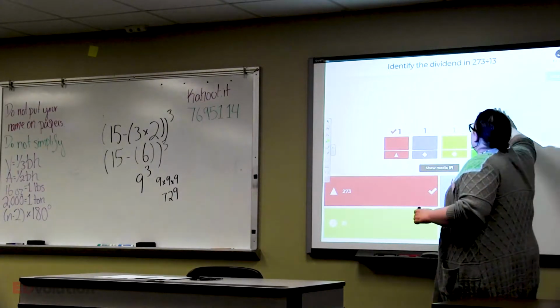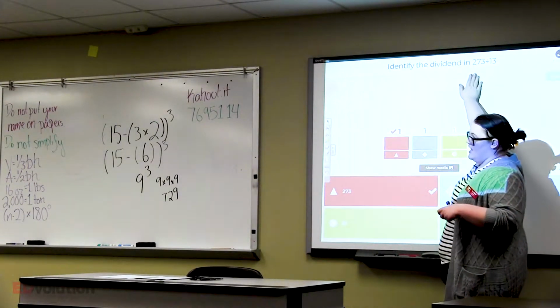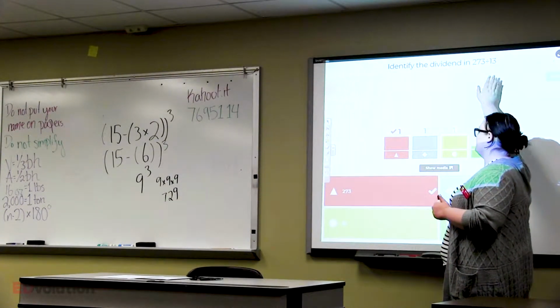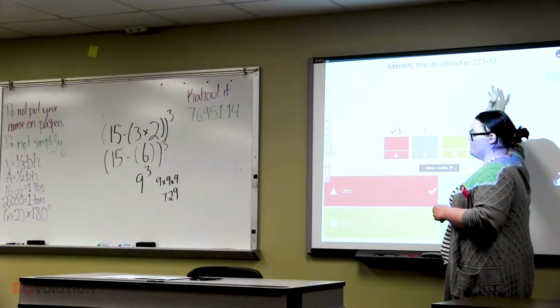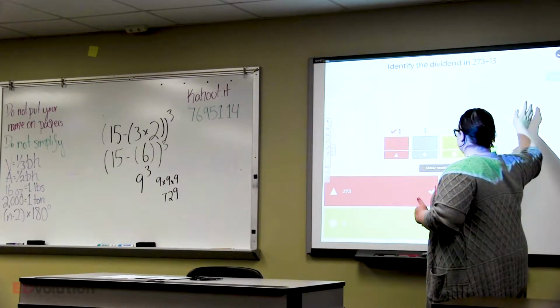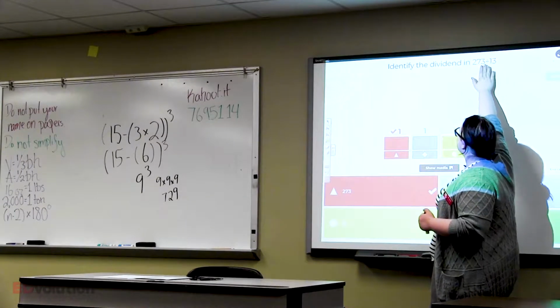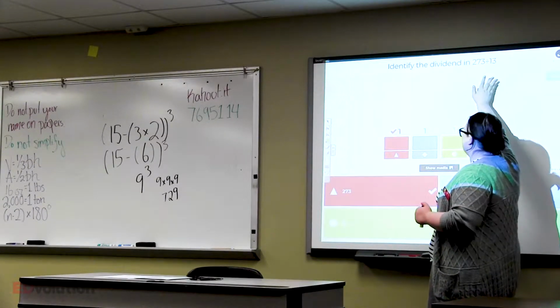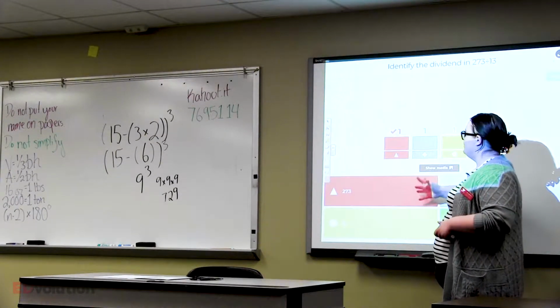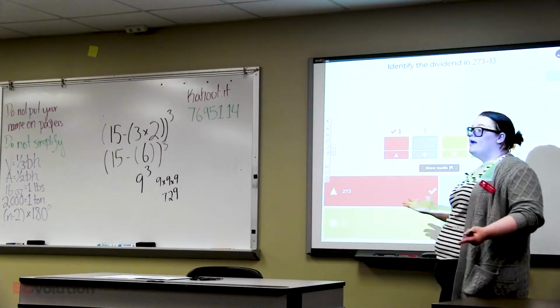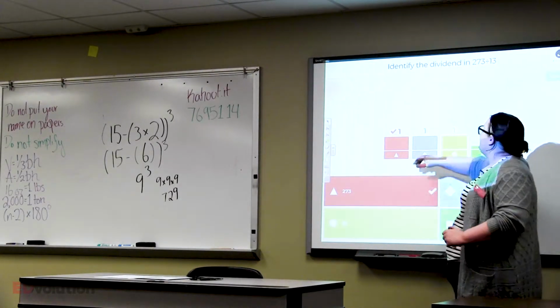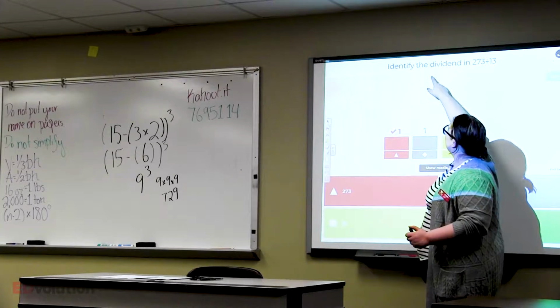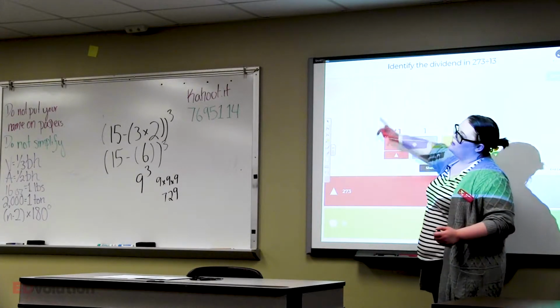The dividend is the number that is being divided. The divisor is the number that the dividend is being divided by, and the answer is your quotient. So in this case, 273 is what's being divided, so that would have been our answer. A quick way to remember this is if we drop the n in dividend, you're looking for what's divided.